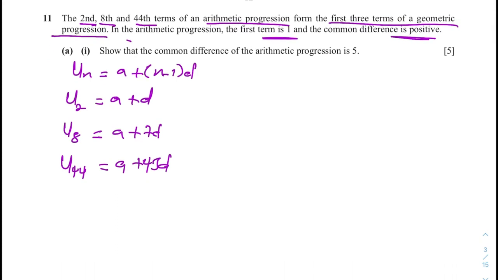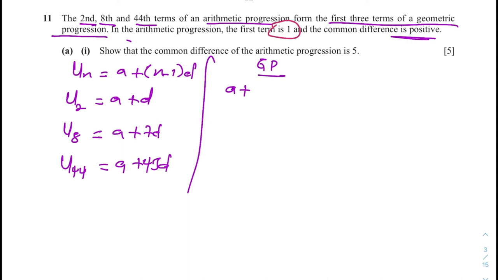Now these will go to form, under the GP, the first 3 terms. They said that the first term is 1, all right? Let me not skip it, it's 1 here. I hope you can see it. Let me clean this part, and then use red to circle it.